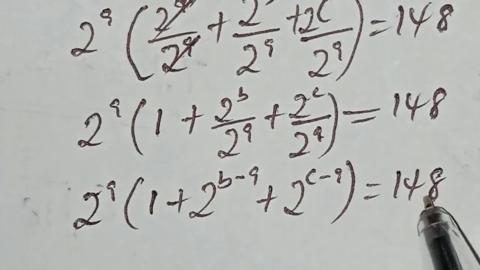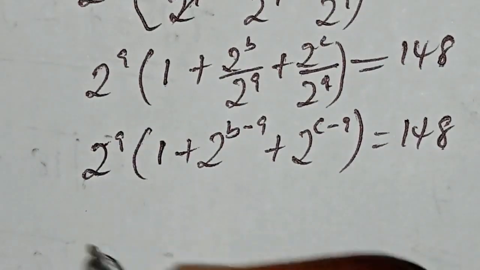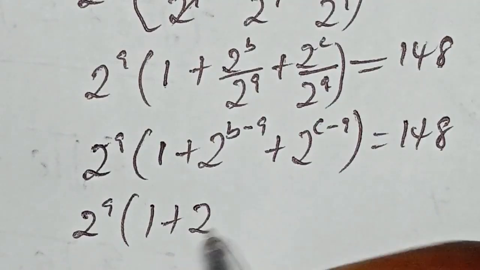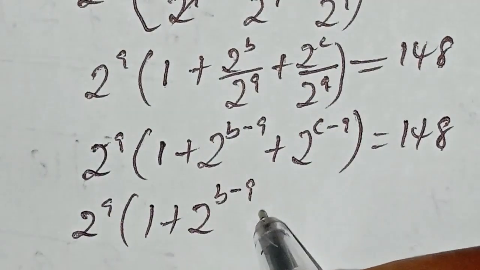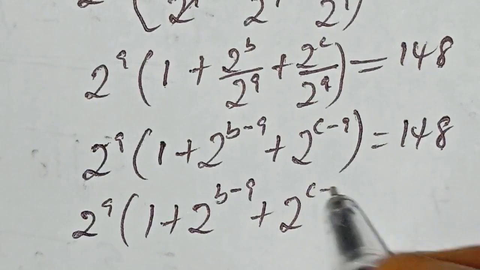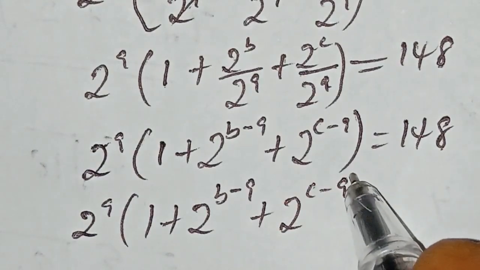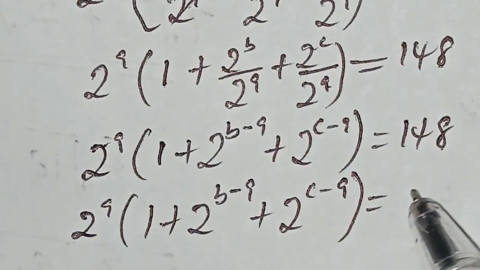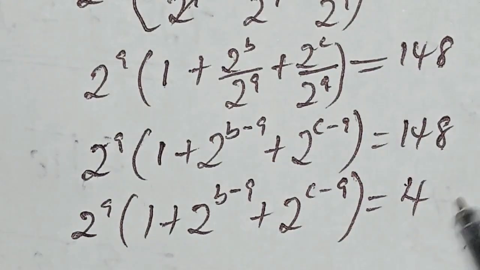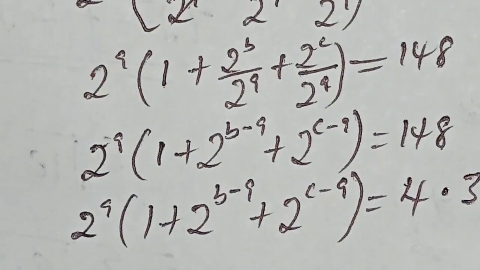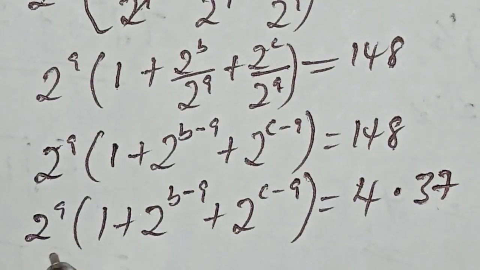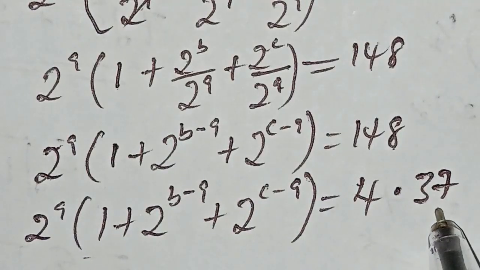Now from here we can split this as 2 to the power of a into brackets 1 plus 2 to the power of b minus a plus 2 to the power of c minus a, equal to, this can be simplified as 4 multiplied by 37.